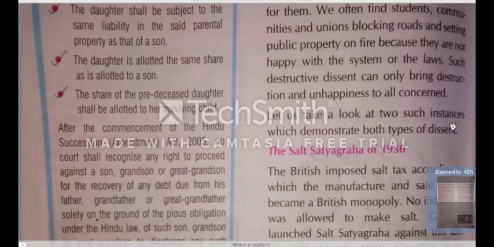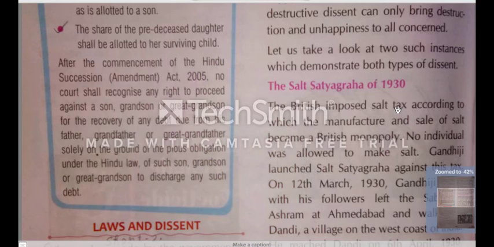Got it? And another word is demonstrate. Demonstrate means show, dikhana, which shows both types of dissent. Got it?